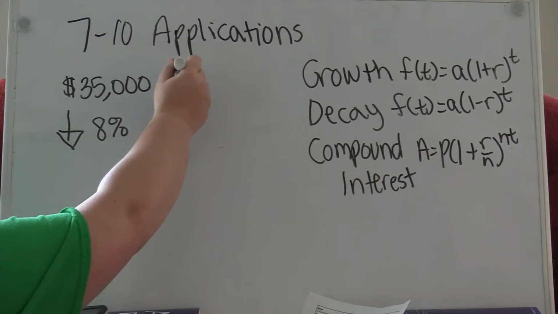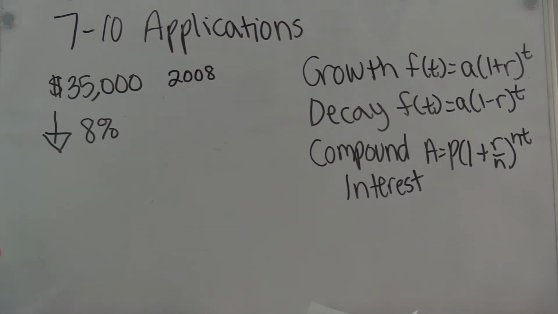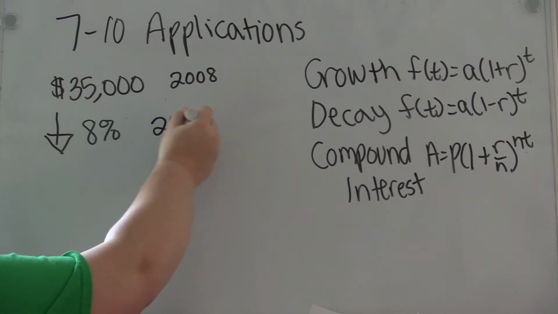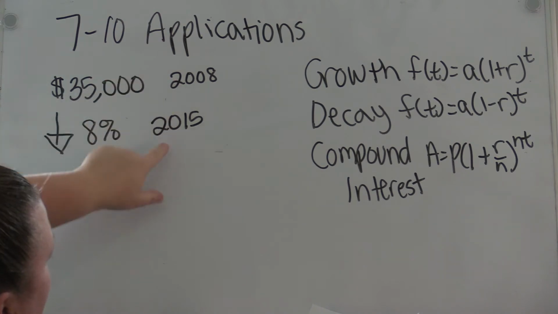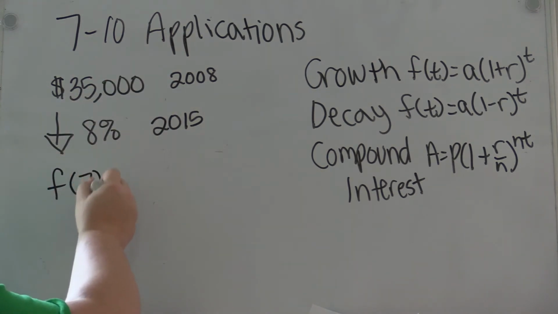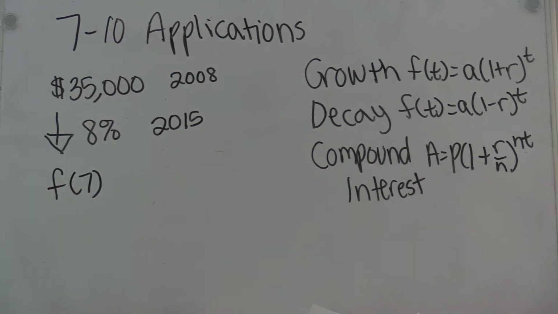He bought the car in 2008, and they're looking for its value in 2015. So 2008, when you take it away from 2015, is 7. So f of 7. This is a decay problem because our value is decreasing.